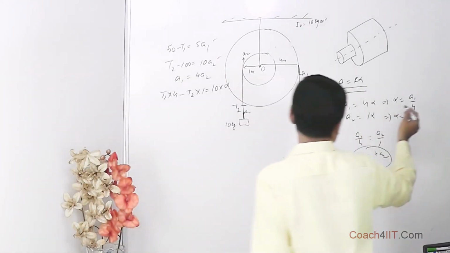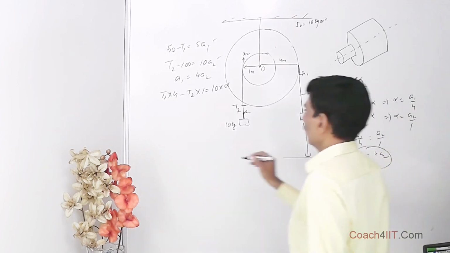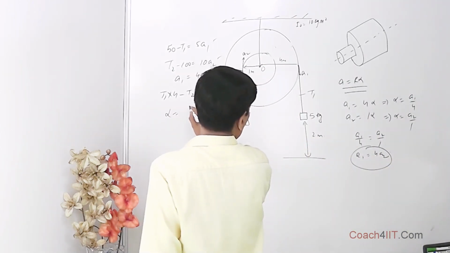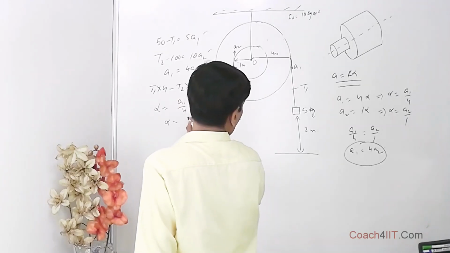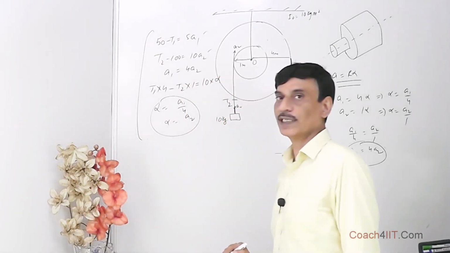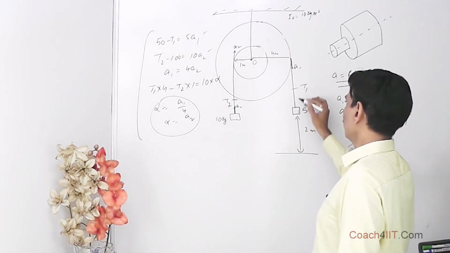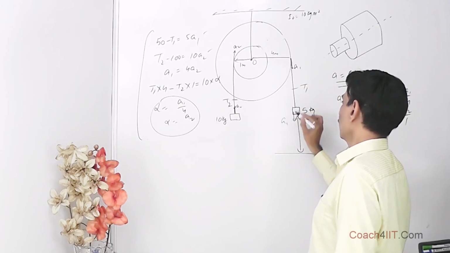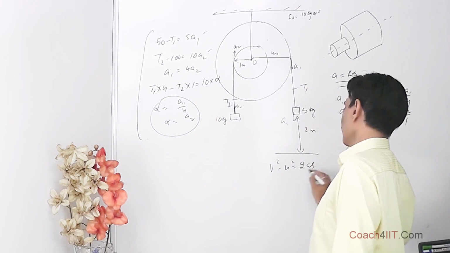Now alpha you can put as A1 by 4 or as A2, anything you can put in these equations, and from here you can get the answer. We are interested in finding the value of A1. Once the value of A1 is known, V square minus U square is equal to 2AS, and we can get the answer.